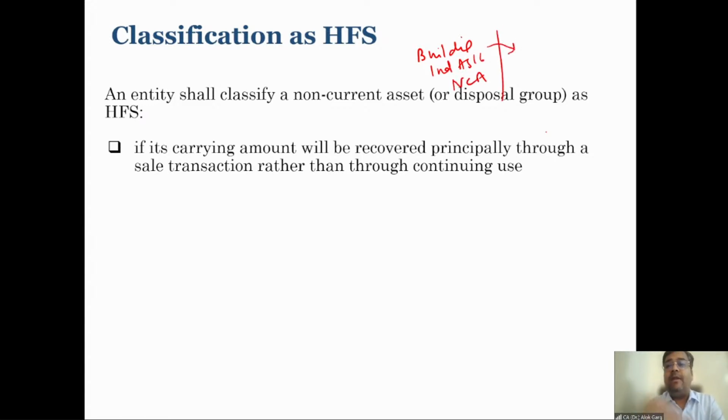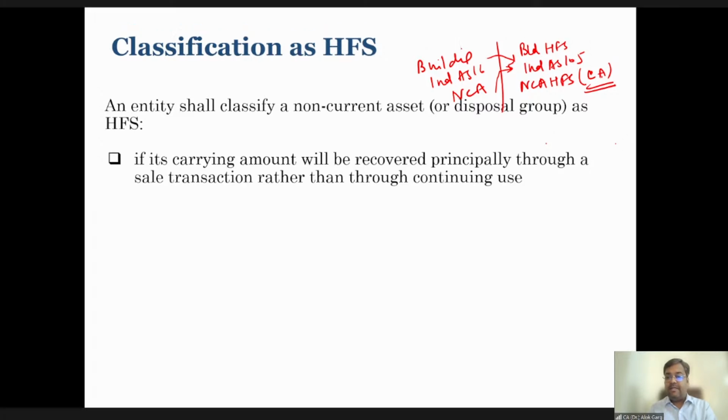When the held for sale criteria have been met, this building is still a building, but it is now a building held for sale. From Ind AS 16, it will be shifted to Ind AS 105, and the nomenclature will be non-current asset held for sale, under the current asset line item, which I showed you with the help of the Ultratech Cement balance sheet. Is it clear?